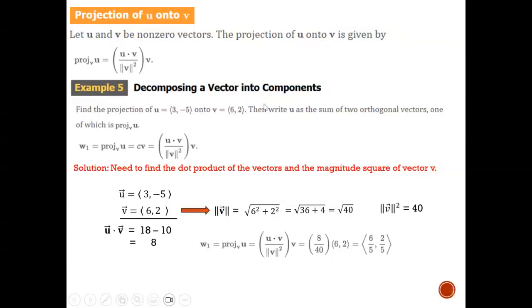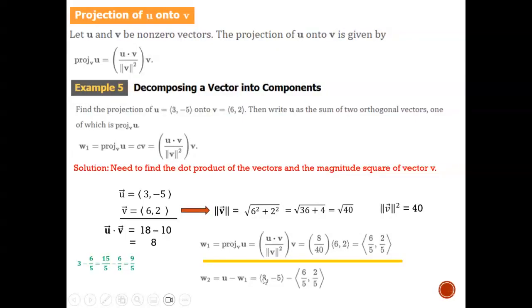Now, for the second part, they want us to write the sum of the two orthogonal vectors, one of which is the projection of u onto v, which is w1. So we're looking for w2. w2 is equal to u minus w1. u is the vector with components 3, negative 5, minus the vector w1, which was 6 over 5 and 2 over 5.